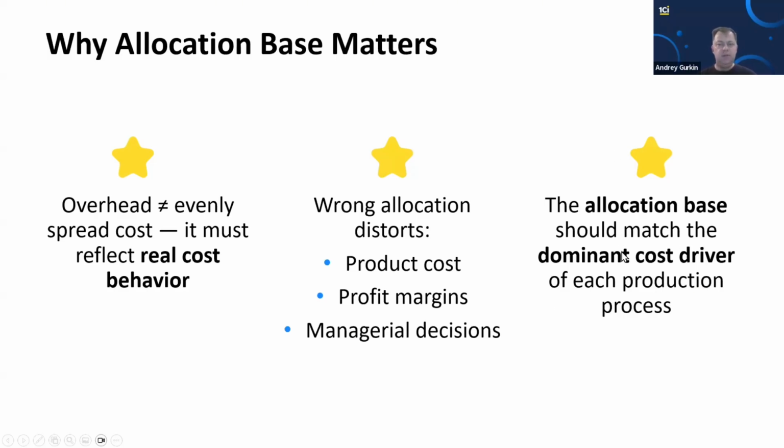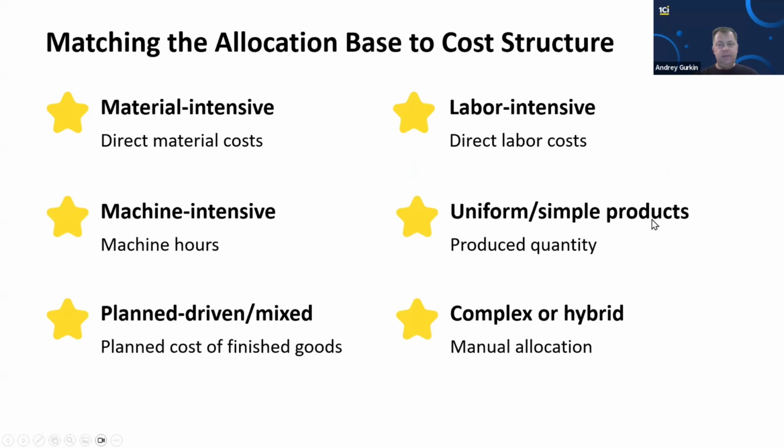That's why the allocation base should match the dominant cost driver of each production process. Matching the allocation basis to cost structure: material, subsequent to direct material cost; machine hours; plant driven, I'm sorry, or mixed.